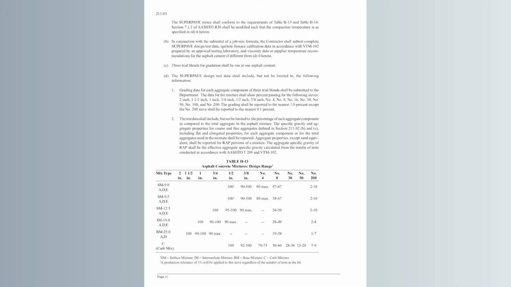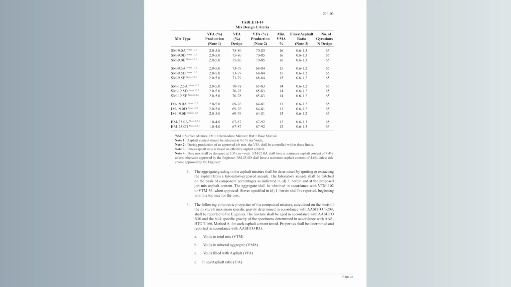On the number 8 sieve for an SM 12.5A, what is my design range? It is going to be a 34 to 50. Hopefully everybody saw that number and understands how we found it. If not, please stop somebody and ask.